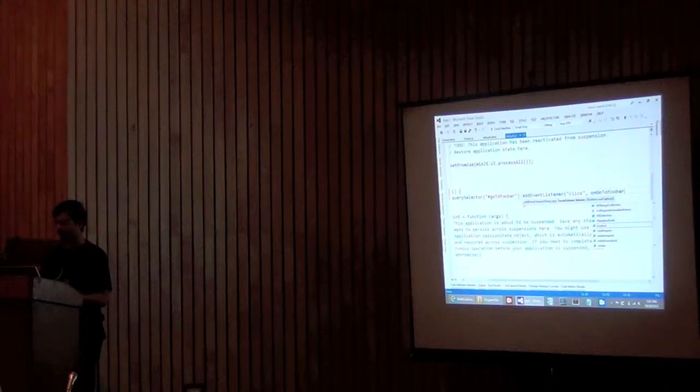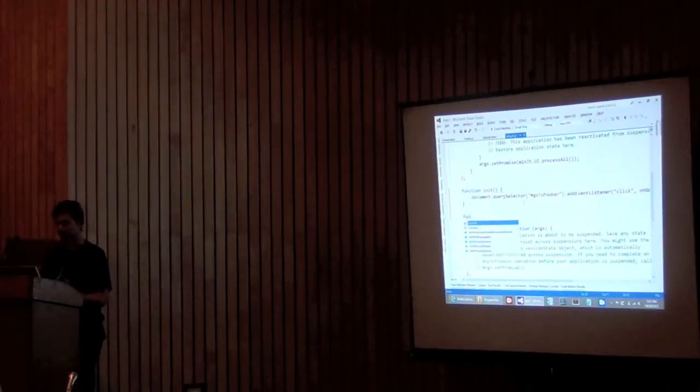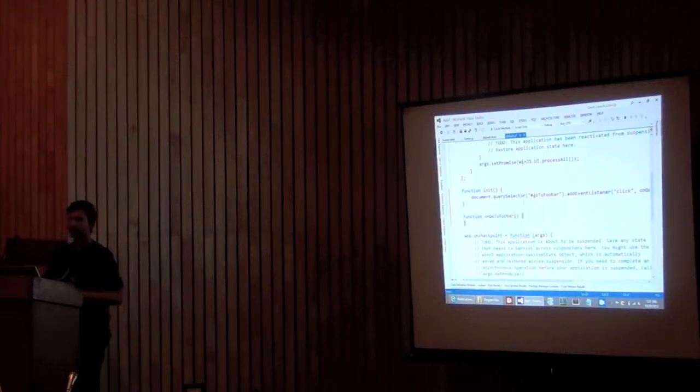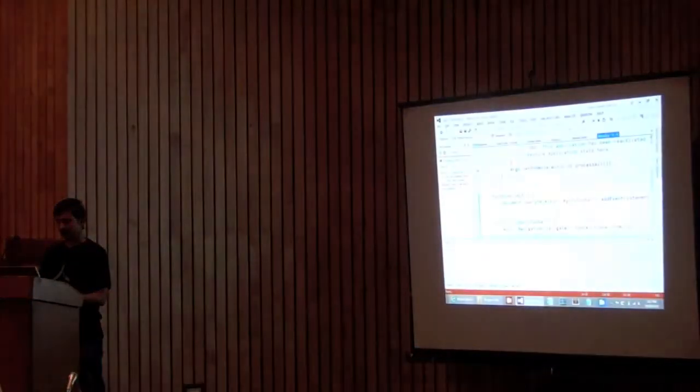So I've just added a click handler for my go to foobar button, and then here I can do something like this, right? So I can say WinJS.Navigation.navigate, slash foobar.html, and hopefully it will go to that page. Probably not.